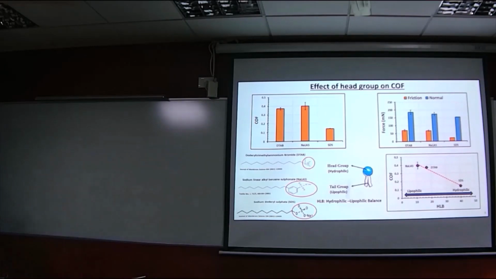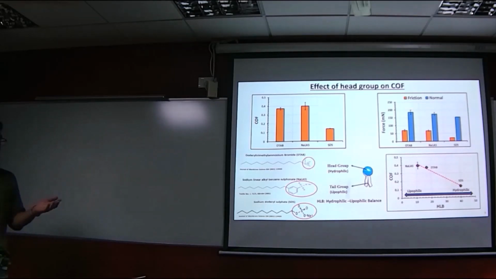At this point, it's very early to make definitive conclusions, but we do believe, since the HLB value quantifies in some essence how the molecules are interacting with the surface in hydrophobic or hydrophilic ways, that it impacts the way the molecules are getting arranged. And as I mentioned in my first slide, anything that can change the contacting conditions on the interface can change the friction.